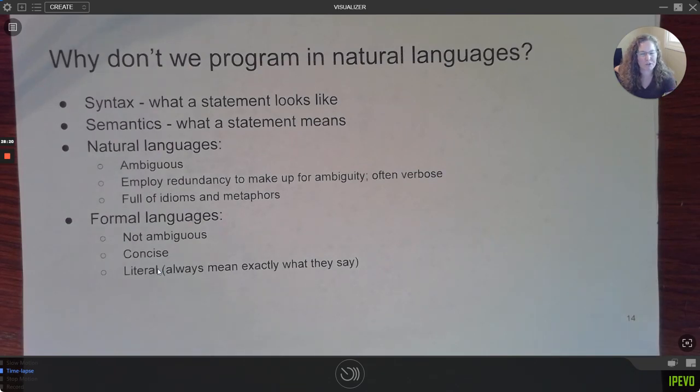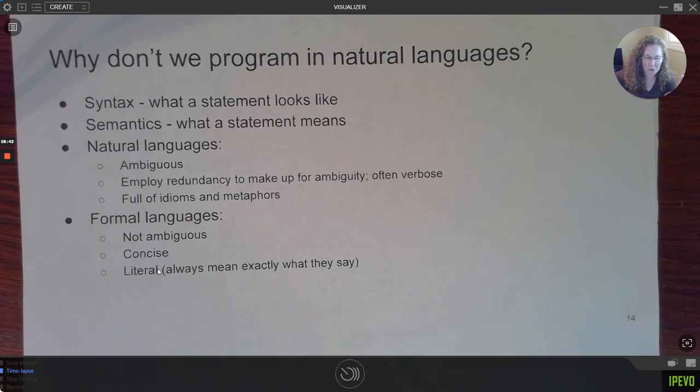That's what a lot of word processors do, right? If you're typing a paper, it'll tell you if your subject and verb disagree, or it will find capitalization errors and spelling errors and lots of those things for you. So it can do a pretty good job of checking syntax.